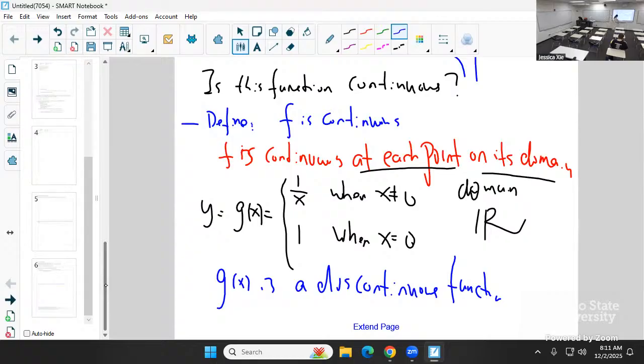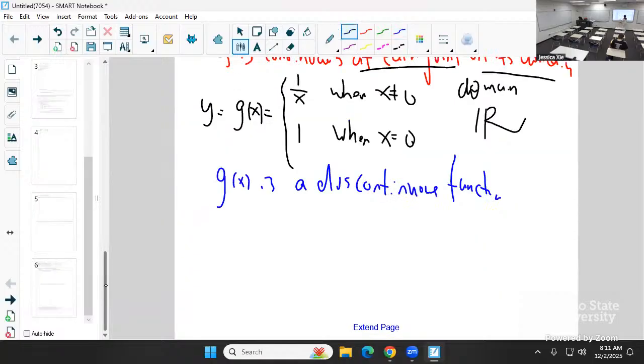The graph of g looks like that. You have this, and then this. See here, at 0 it equals 1. But when you approach 0 from the right, it goes to infinity. If you approach 0 from the left, it goes to negative infinity. It's not consistent, right? So that's why g of x is discontinuous at 0. If it's discontinuous at even one point, then we say it's a discontinuous function.